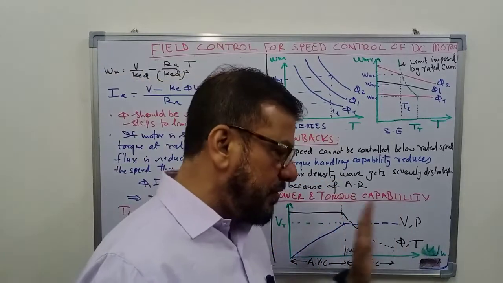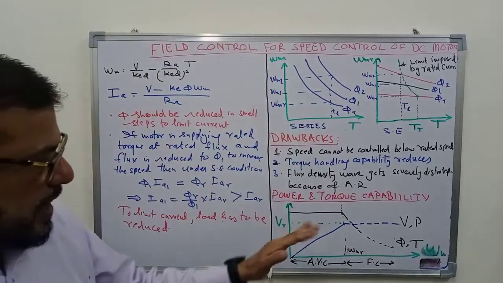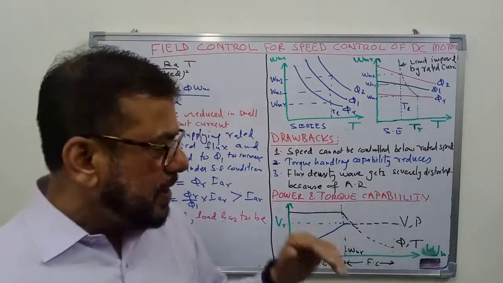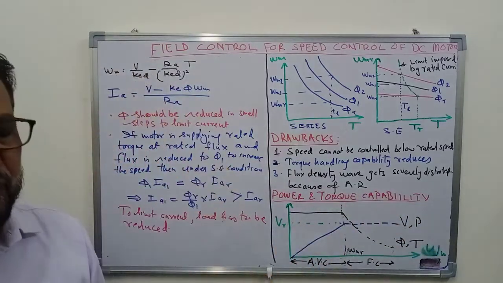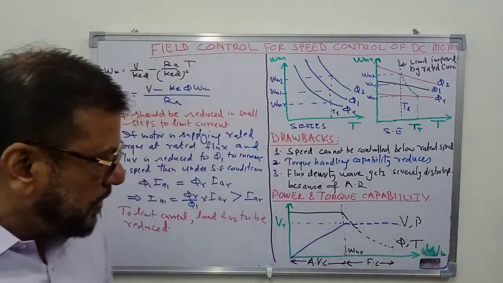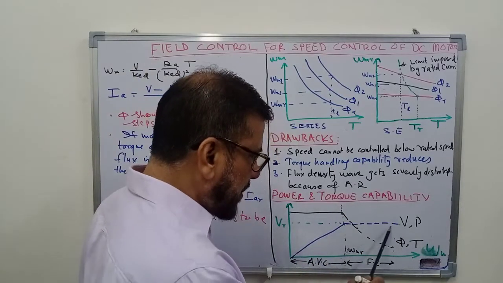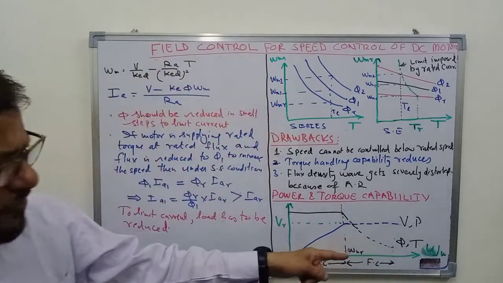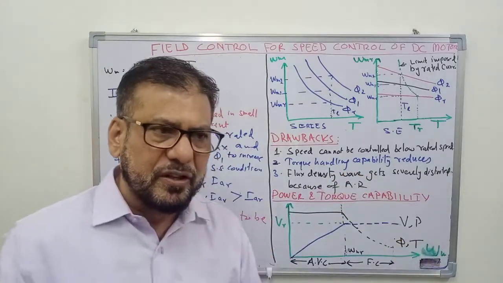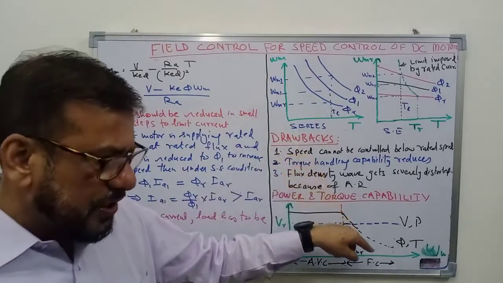Now beyond that, if you want to control the speed beyond the rated speed, then you have to keep the armature voltage constant at rated value, and you can reduce the flux to increase the speed above the rated speed. So beyond that, you start reducing the flux, keeping the voltage constant. As you reduce the flux, the torque capability of the motor will reduce, because torque is phi into Ia. So phi is reducing, so torque will also reduce.